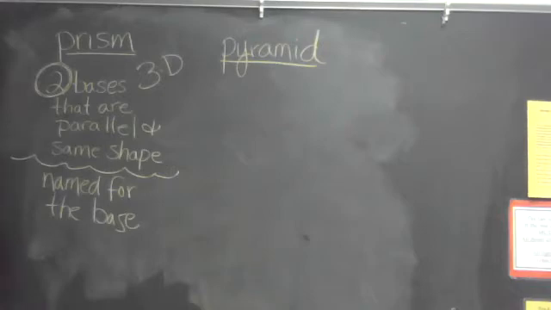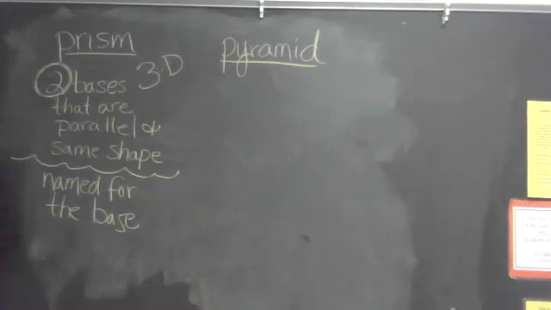I'll draw some pictures in a little bit, but you can have a rectangular prism, which means the base is a rectangle, or you can have a triangular prism, which means both of the bases are triangles, okay?